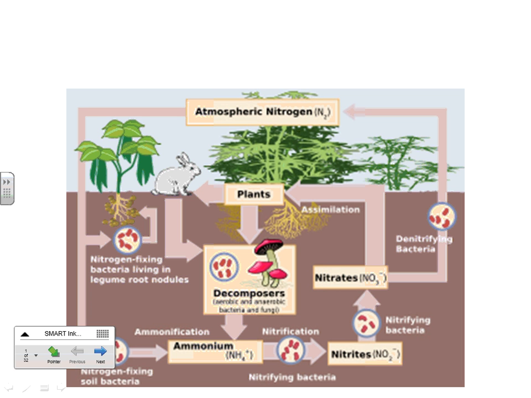It goes back to being N2. It's a cycle, it's a circle. So nitrogen fixing bacteria convert N2 into ammonium and nitrate. Denitrifying bacteria go the opposite way. They take nitrate and ammonium and turn them back into what? N2.